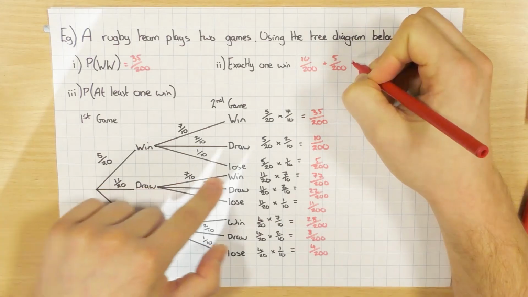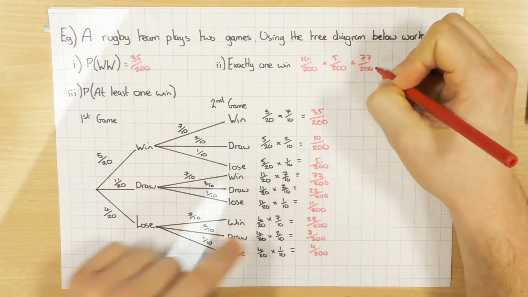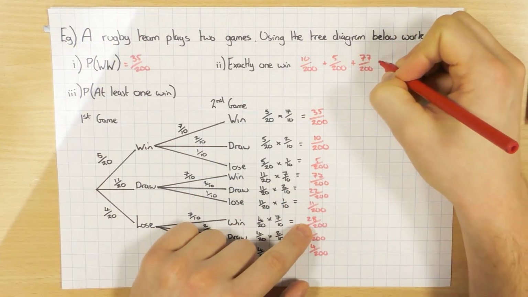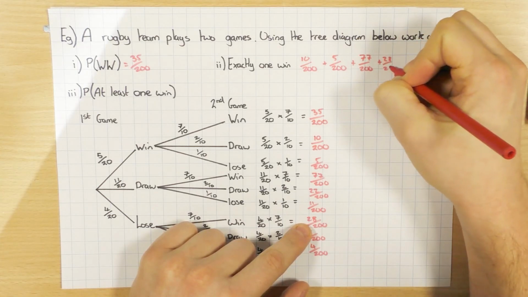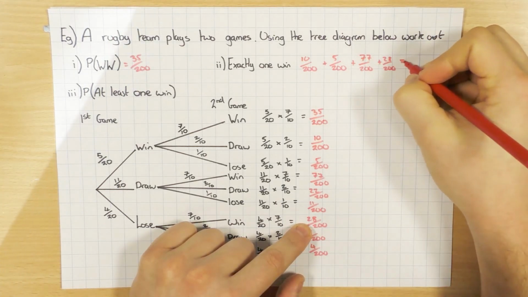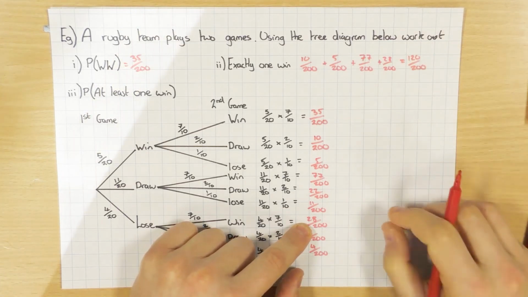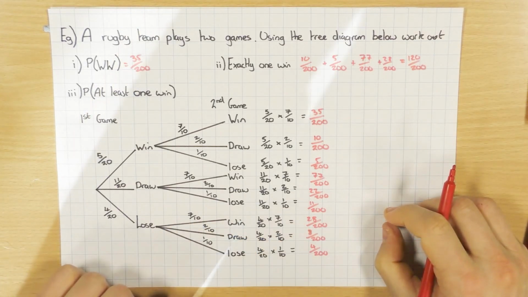I could have a draw and a win. And then finally, I could have a lose and a win. And if you were to add them all up, I believe you get 120 over 200. Okay, so that's how you do that one.